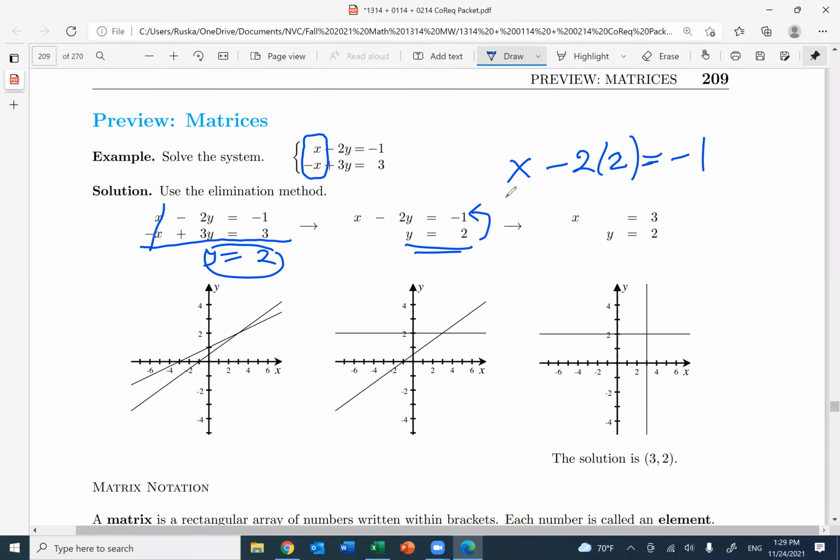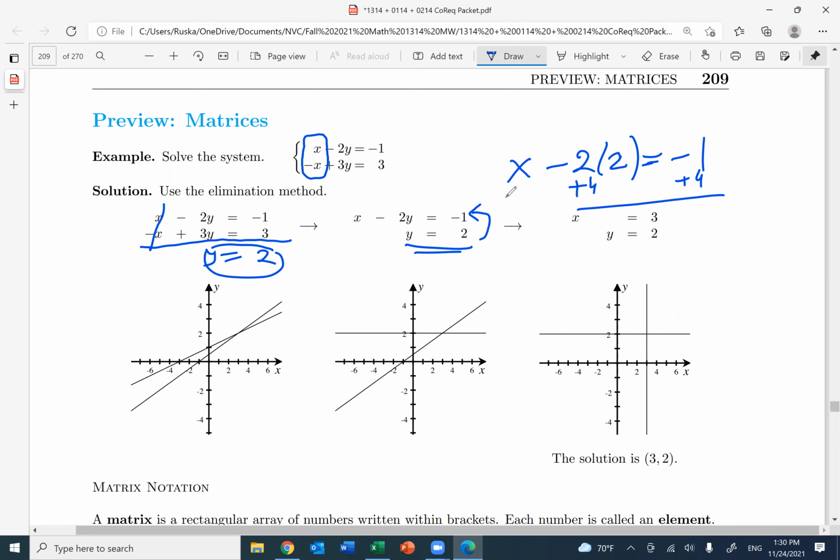So this is negative 4. I'm going to add 4 to both sides. And that's how we get x equals 3. Everybody see that? So this is the elimination method. Everybody understand how we eliminate?